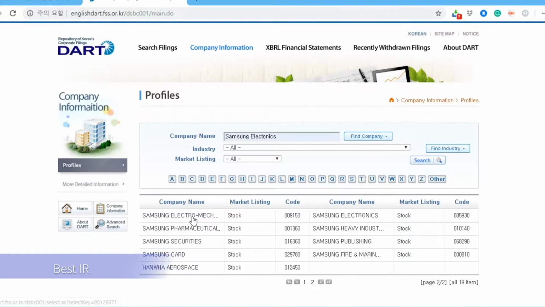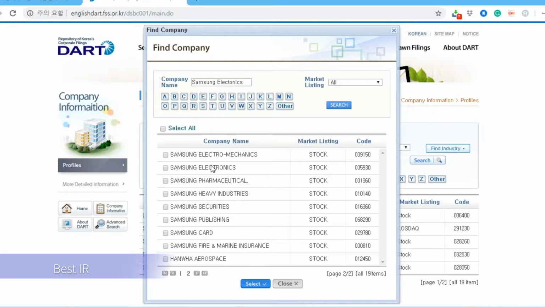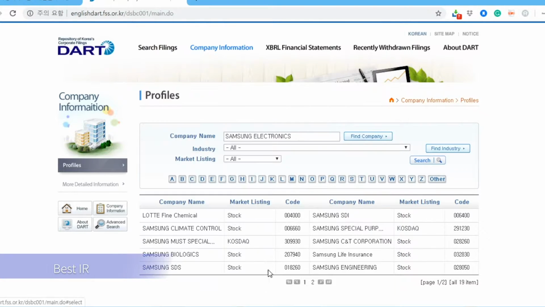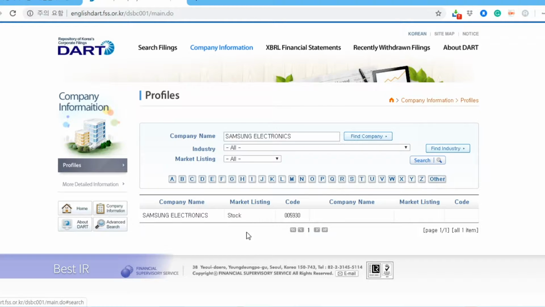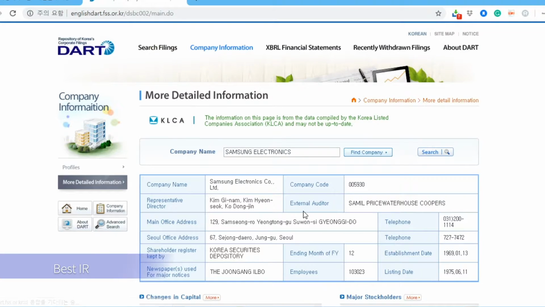It should be somewhere here, Aerospace, Hanwha, Samsung Electronics. Okay, I cannot find it, so let's try again. There you go, Samsung Electronics. Then you will select like this, and then you'll find very basic things and more information here.